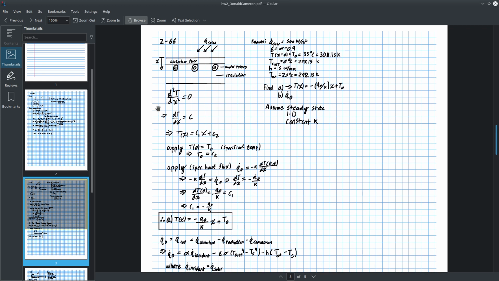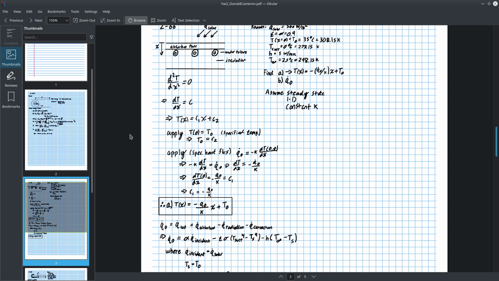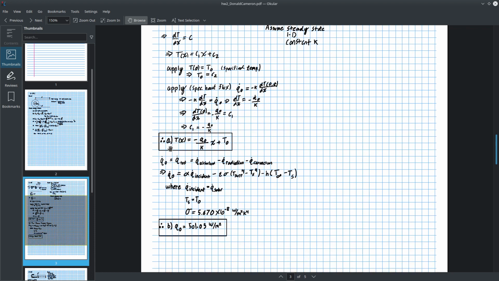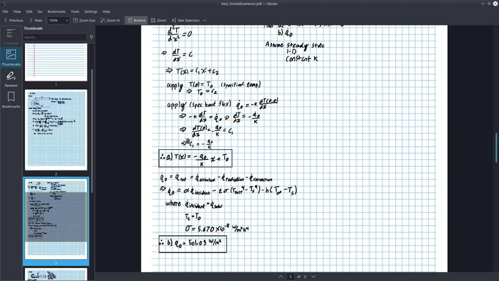Starting with the second derivative of temperature, we have that it is 0, and then we take the integral twice effectively, and then we can apply our boundary conditions, specified temperature and specified heat flux, in order to find those constants. From there, we can prove that we have a formula for the temperature profile that matches what is given.